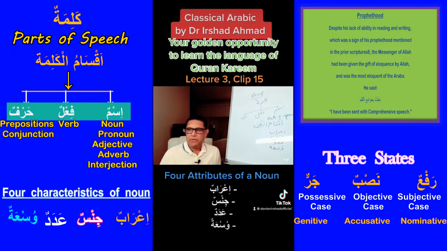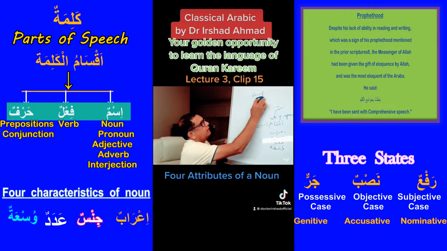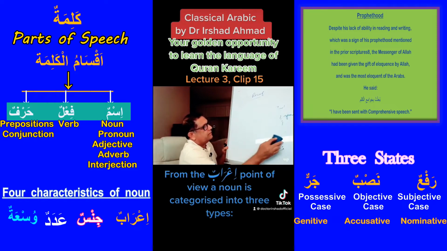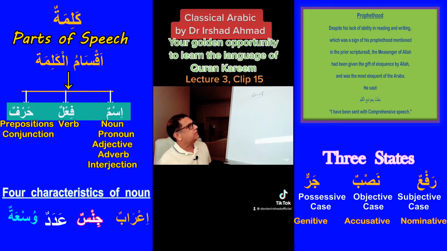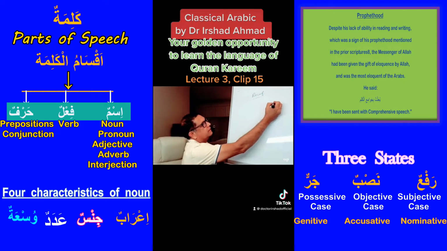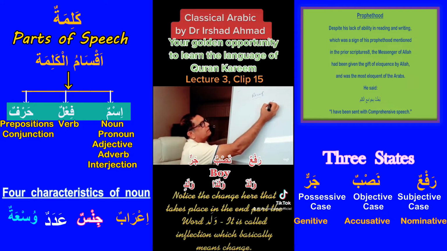From the i'rab point of view, a noun is categorized into three categories. For example, if we look at the translation of boy into Arabic, we can write three forms: waladun, waladan, waladin.